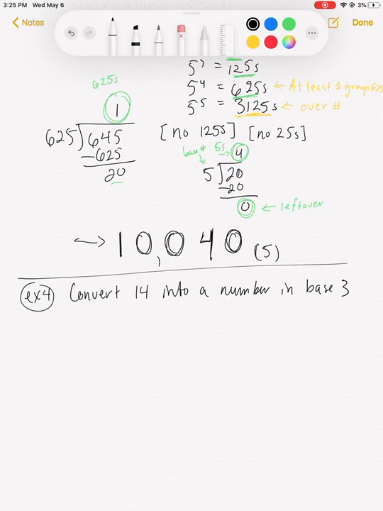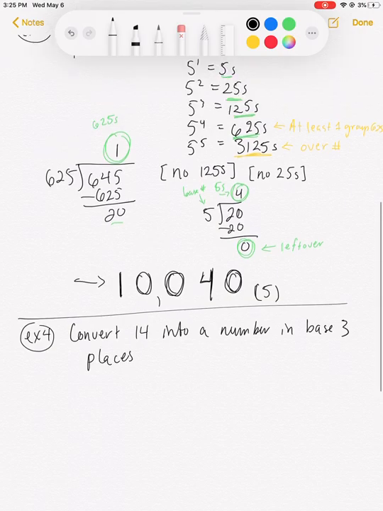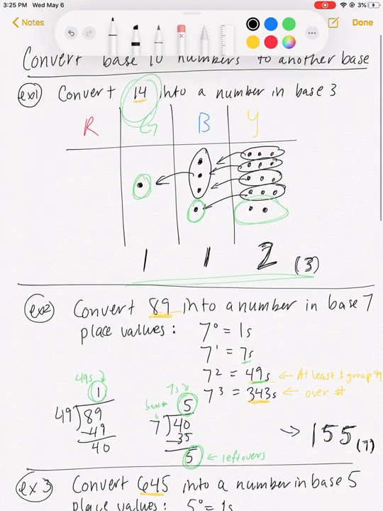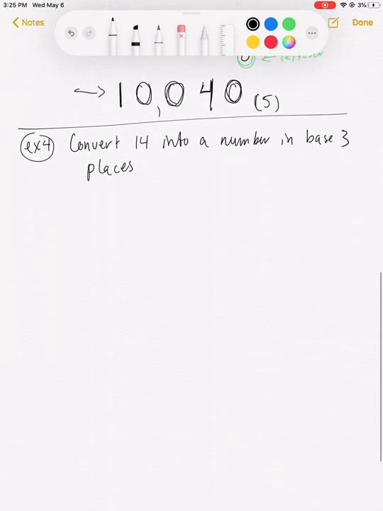Okay, moving on, we have the places of the 3. Up here in this one, we didn't write down the places, so let's write them down here. What places do we have? We have 3 to the 0, which is the 1's, 3 to the first, which is the 3's, 3 squared, which is the 9's.